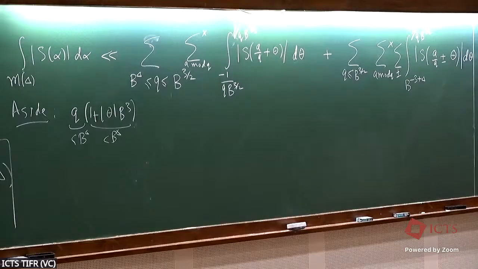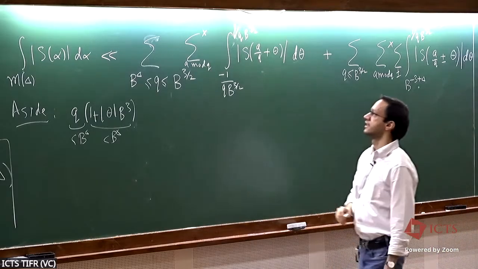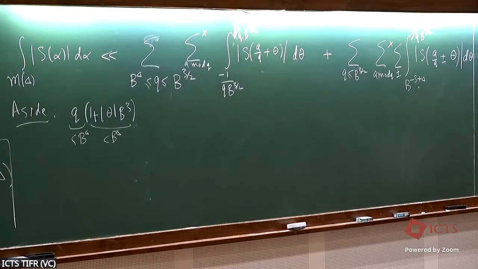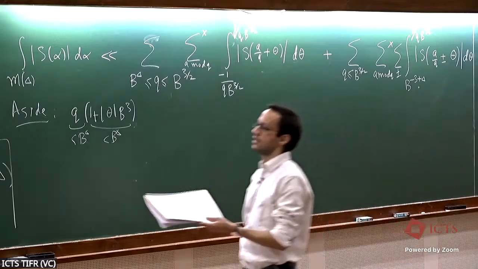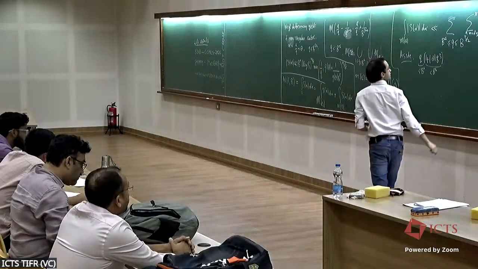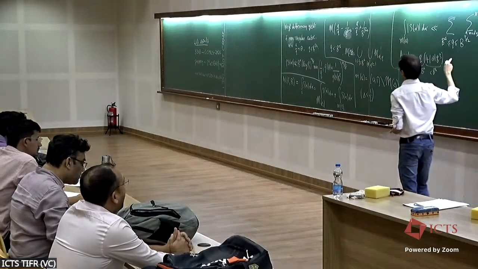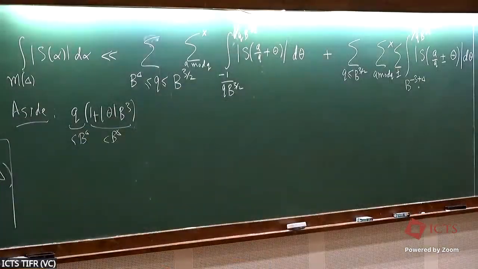So we have these things, right? And so at this point, yeah, this is all right. And these are the integrals like this. Okay, and at this point, we apply the Weyl differencing over here. And so we ask what happens if theta in absolute value is less than 1 over Q B to 3/2.